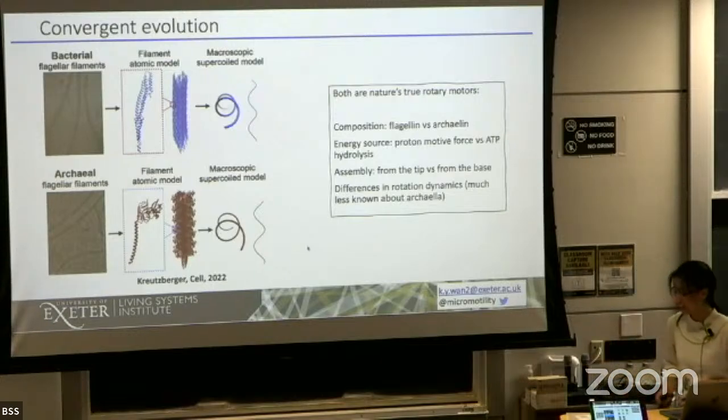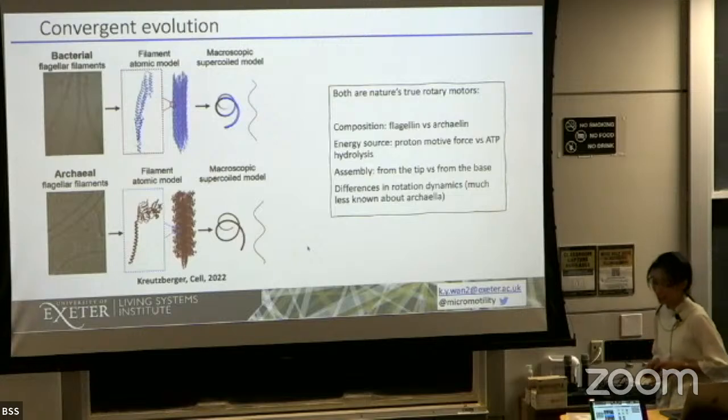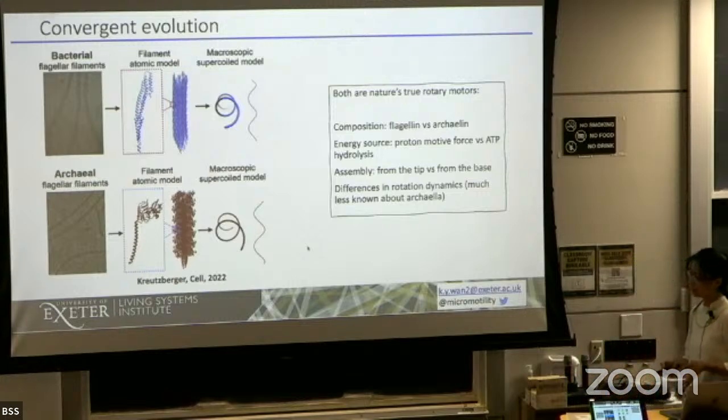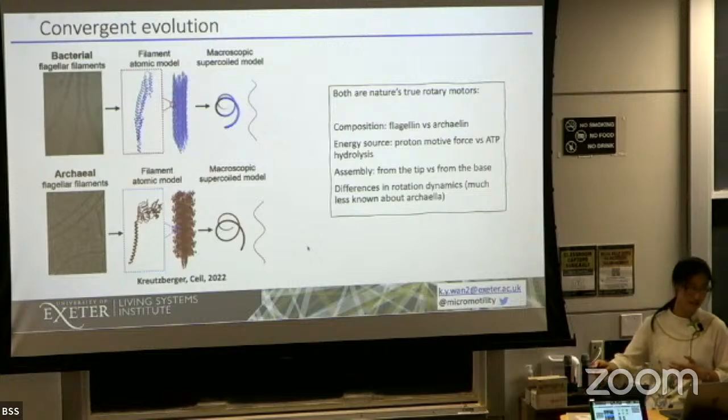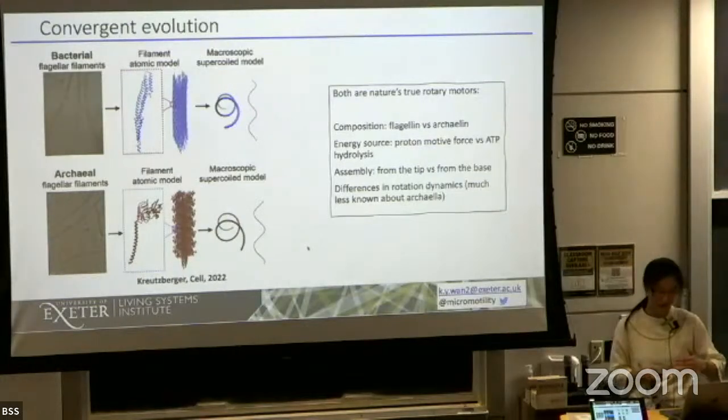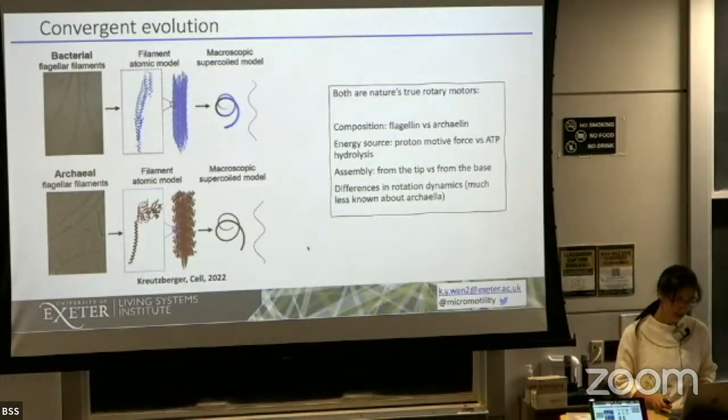And rather interestingly, and I think more people, especially biophysicists, should study this process, unlike bacterial flagella, which are assembled from the tip to the base, archaea are actually assembled in the opposite direction. Cilia, on the other hand, are also assembled from the tip to the base.